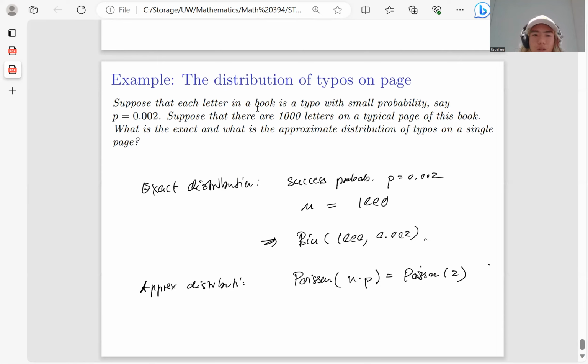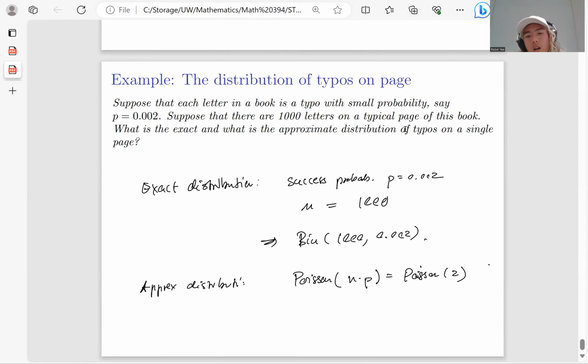But the next example we're going to see is still using the Poisson distribution as a limiting behavior of the binomial distribution. Suppose a book has a typo with small probability. The probability of having a typo on any letter is 0.002, and there are 1,000 letters on a typical page of the book. So what is the approximate distribution of typos in a single page?